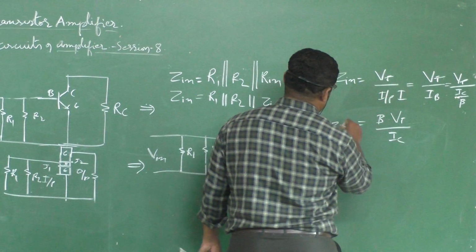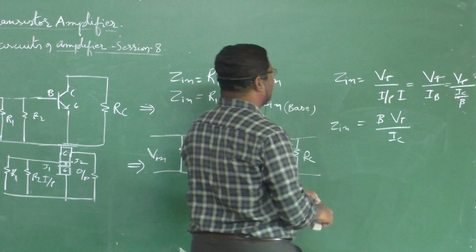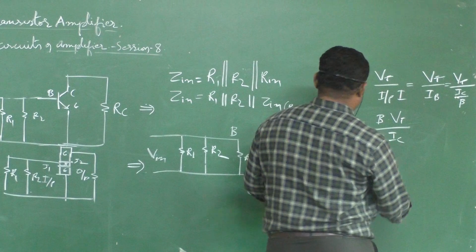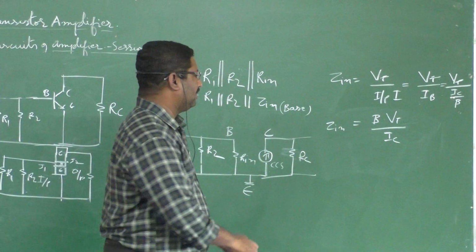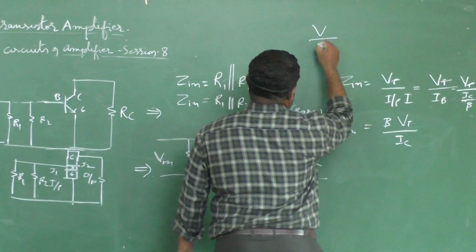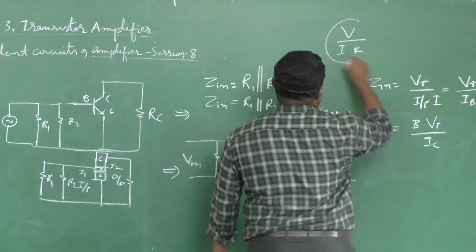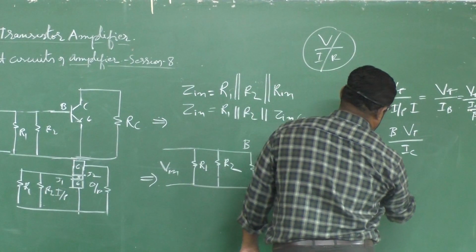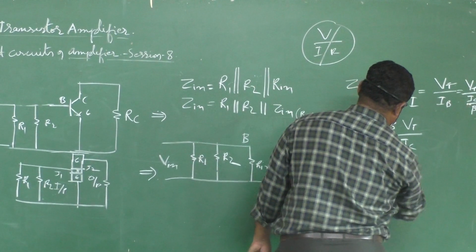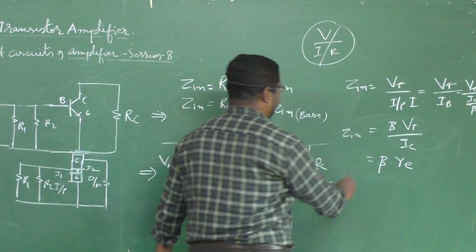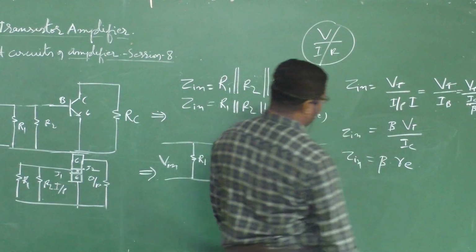So Zin is equal to, Vt divided by Ic is nothing but RE. We have V is equal to I into R, so R is equal to V by I. So beta into RE. Like this we can write.